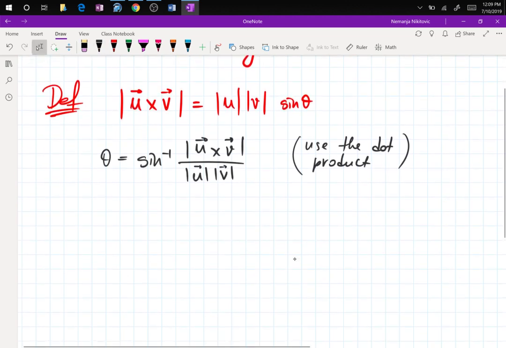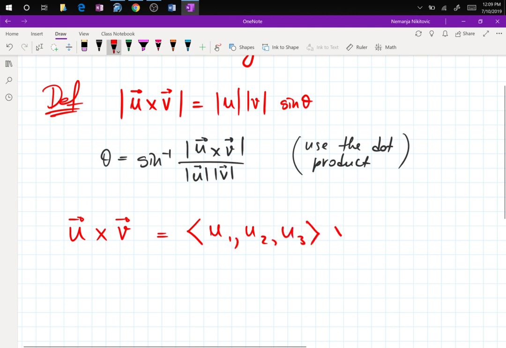Now we're going to take a look at what it takes to compute the cross product. If I have U cross V, and this has to be in R3, that means I will be crossing U1, U2, U3 with V1, V2, V3.